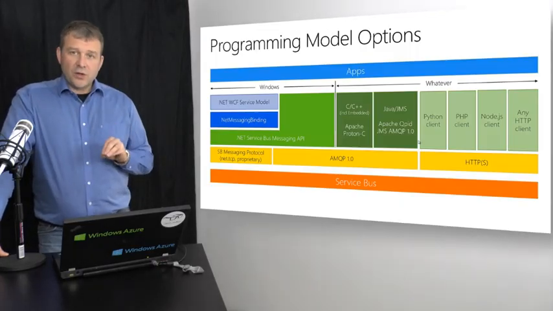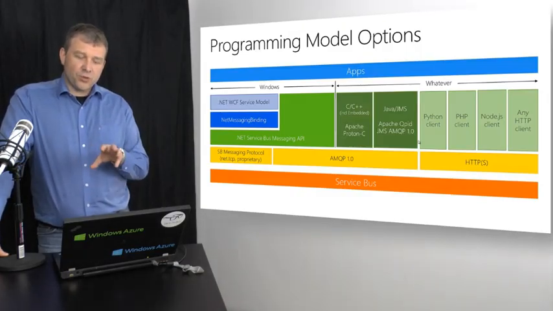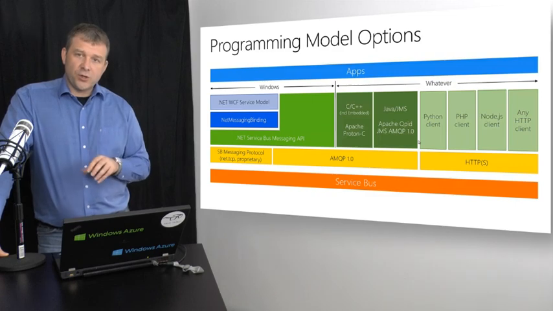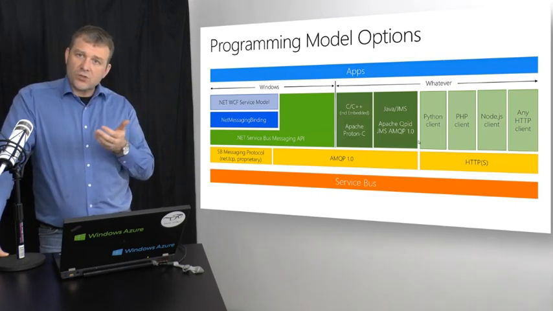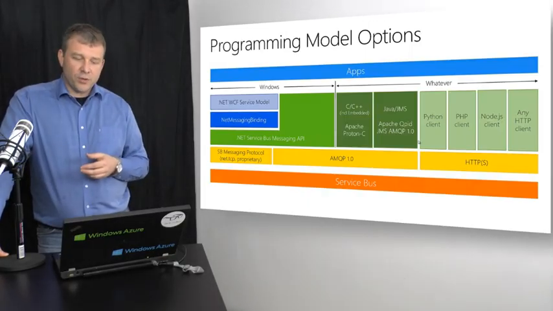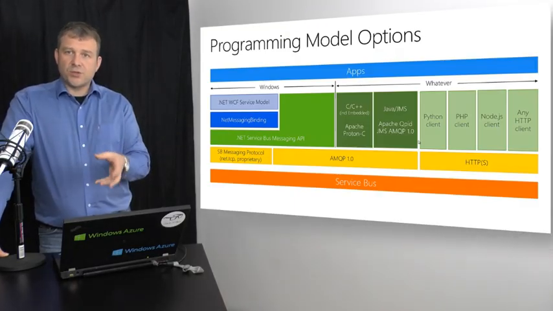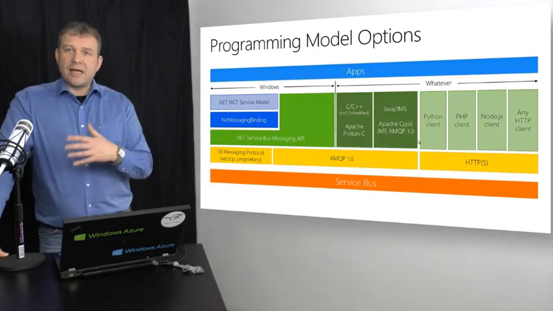We're working very closely with the Apache Foundation, the Proton project, and also the Qpid project through my colleague David Ingham, who's also on the Service Bus team and is co-editor of the AMQP 1.0 spec, to make sure that those libraries, those open source efforts, interop nicely with Service Bus.